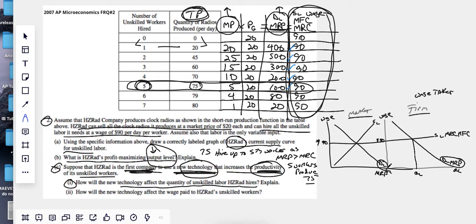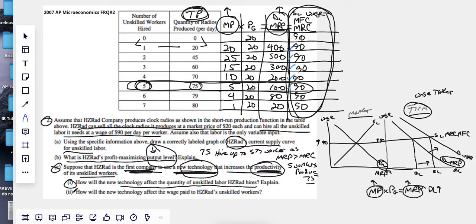So the market does not have this new technology. Only Hazard has, the firm. So its marginal revenue product, or demand for labor curve, would shift to the right. Now, again, marginal product times the price of the good equals marginal revenue product. If the marginal product goes up, the marginal revenue product goes up, which means the demand for labor has to go up. It would shift to the right, and we would have a new quantity of labor hired.